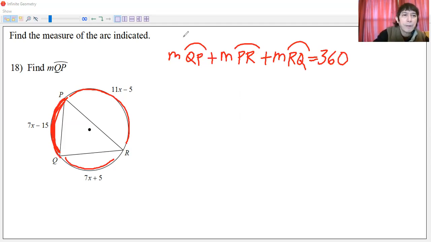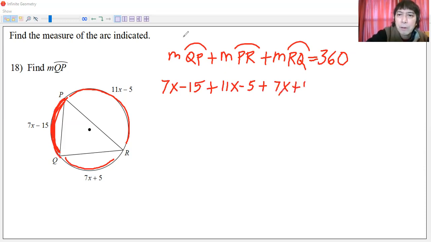Our QP is given 7x minus 15. Our PR is 11x minus 5. Our RQ is 7x plus 5. This is one full circle, 360.